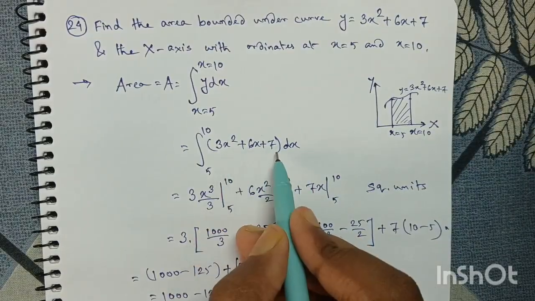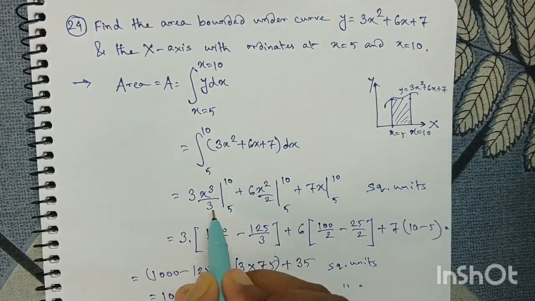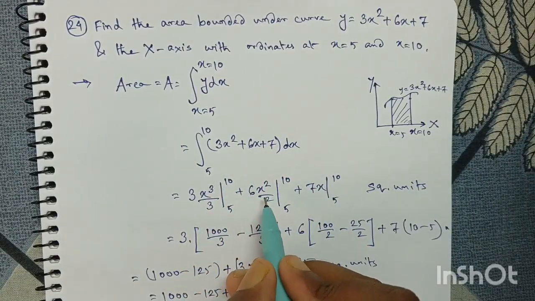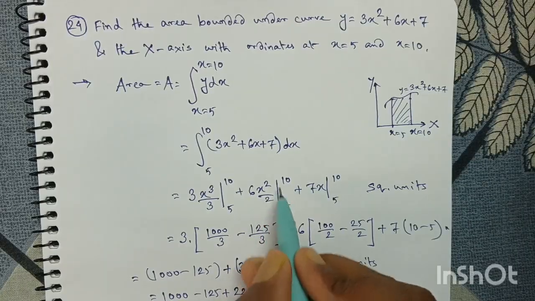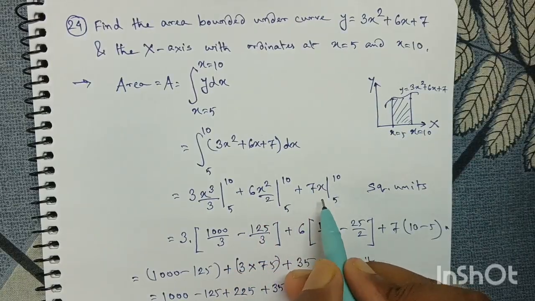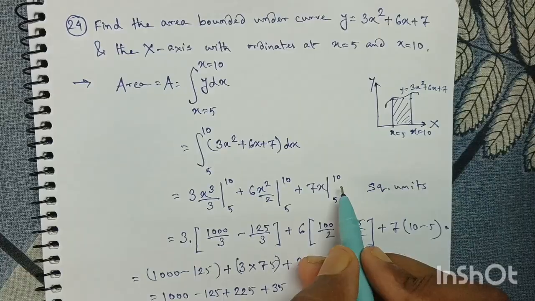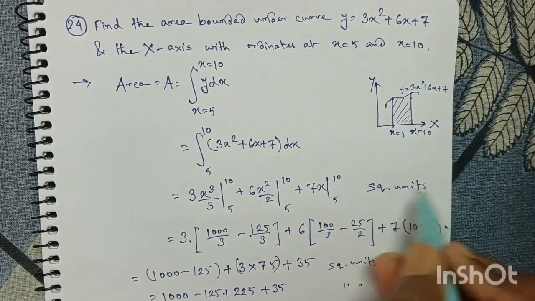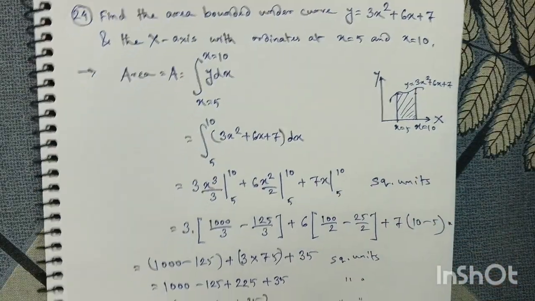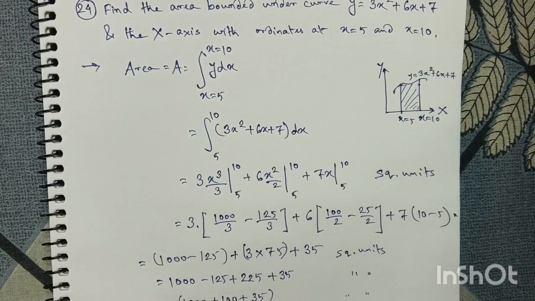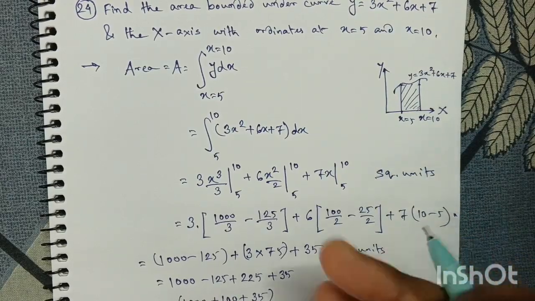Integrating each term, we get 3 into x cube by 3 from 5 to 10 plus 6 into x squared over 2 from 5 to 10 plus 7x from 5 to 10, in square units, whatever the units of x will be, it will be square units because it is area.